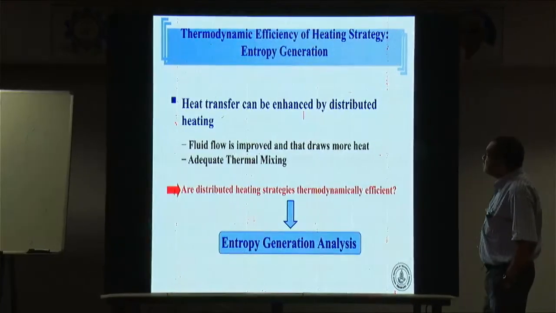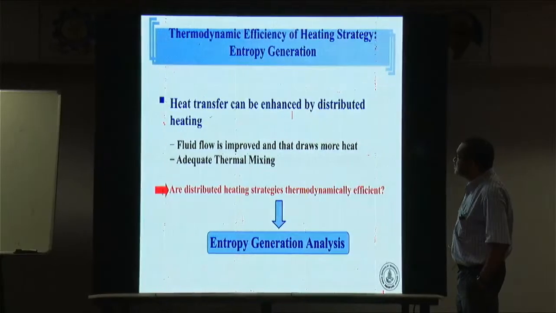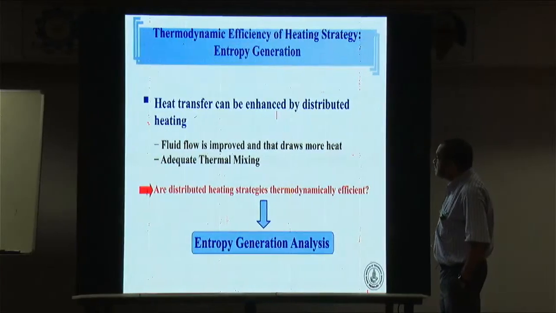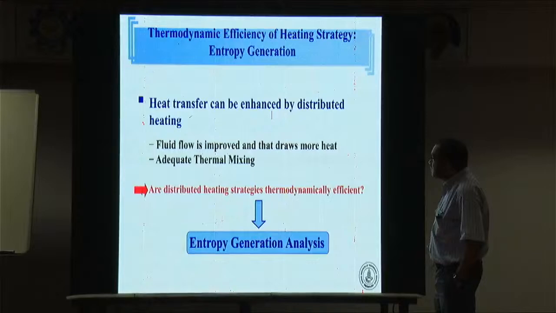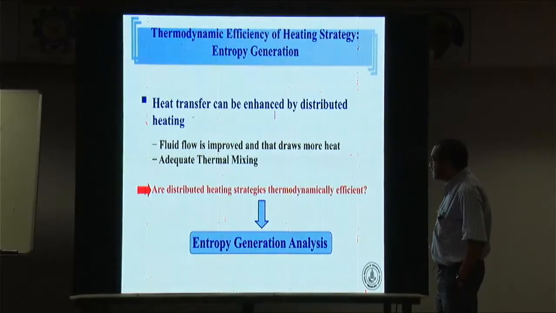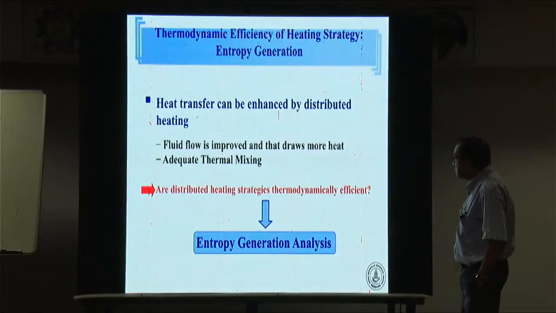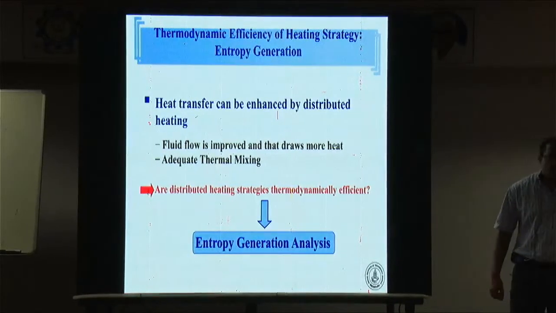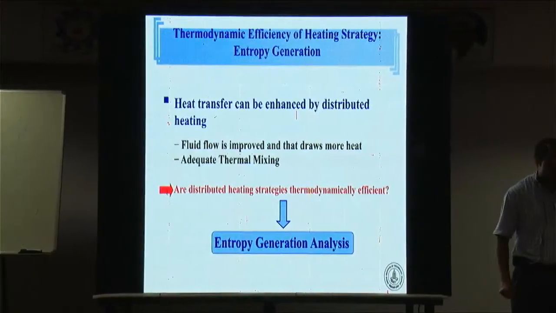So, regarding the thermodynamic efficiency of the heating strategy in entropy generation, heat transfer can be enhanced by distributed heating, and fluid flow is improved, and that draws more adequate thermal mixing, and the distributed heating strategy is thermodynamically efficient. I am sure you might have done the second law of thermodynamics, the entropies.